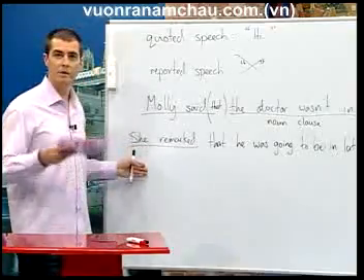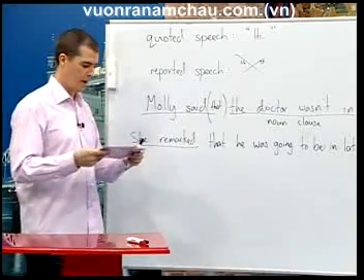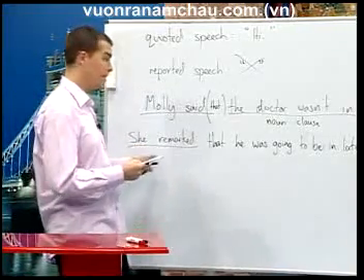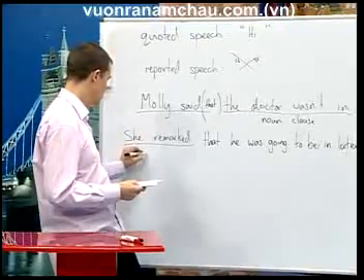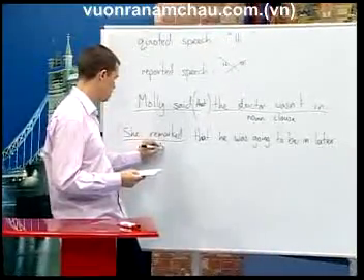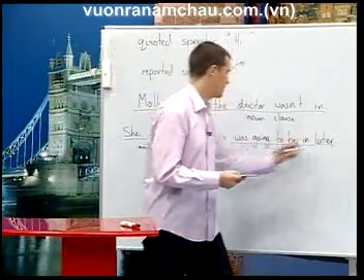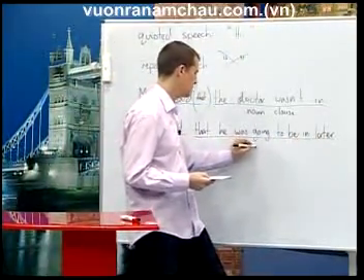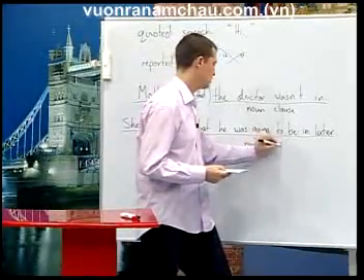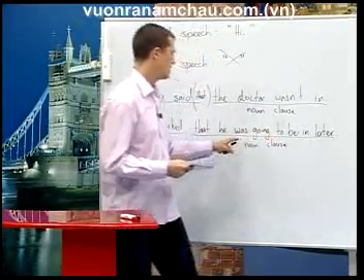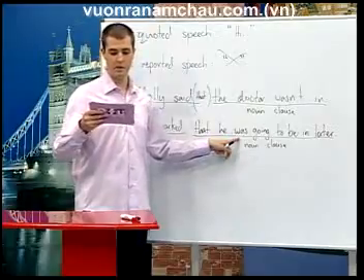We have the verb in the main clause, past tense, and then we have our noun clause. We can see the verb is in the past continuous.